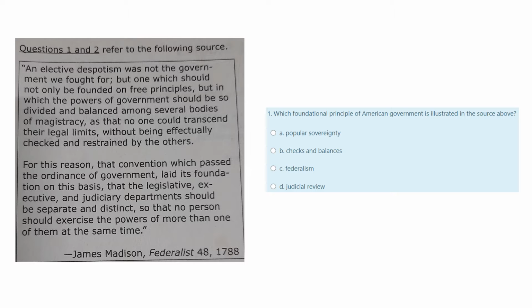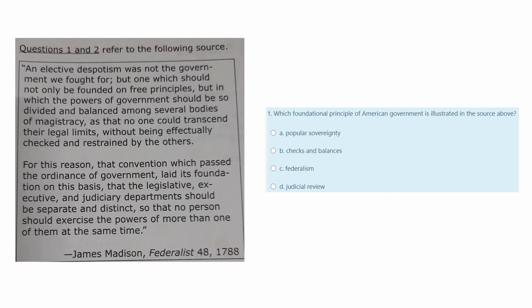Let's look at the passage. An elective despotism was not the government we fought for. So an elected dictator was not what we fought for, but one which should not only be founded on free principles, but in which the powers of government be so divided and balanced among the several bodies of magistracy.